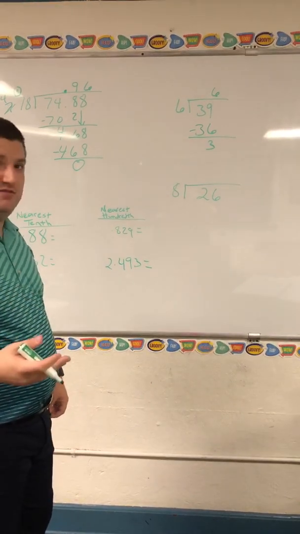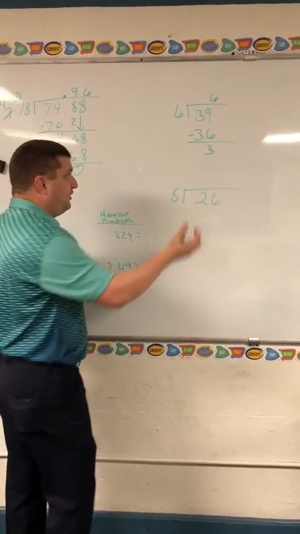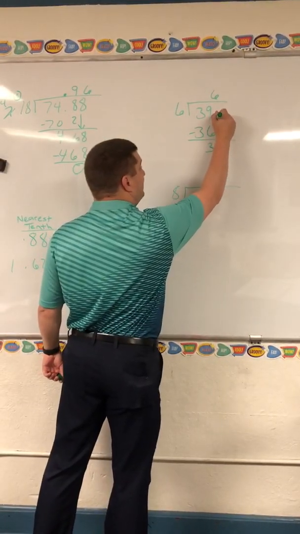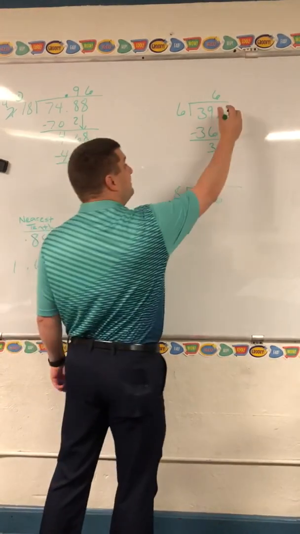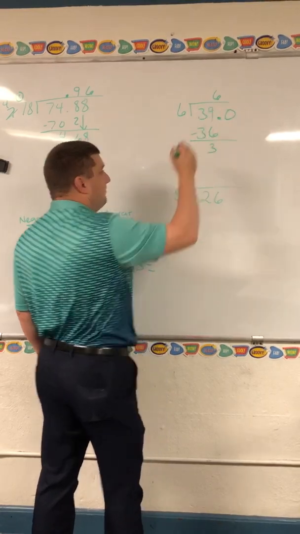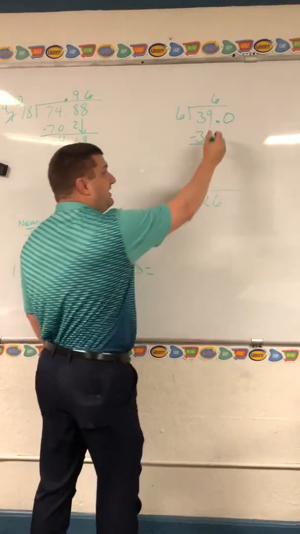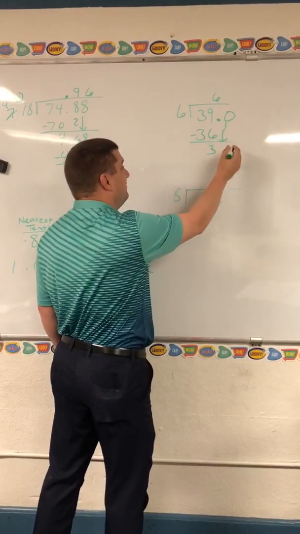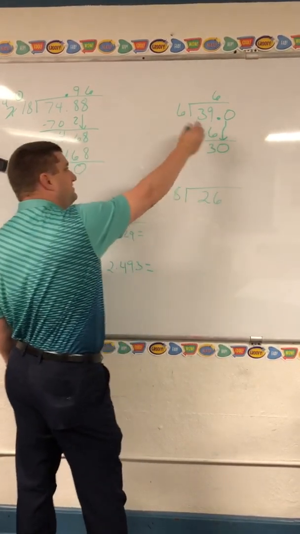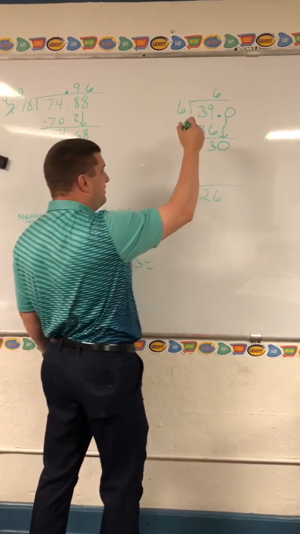To keep dividing to make it even, you add a decimal to the end of it, and you annex or add a 0. Okay? Now, you bring the 0 down, and now you say 6 into 30.